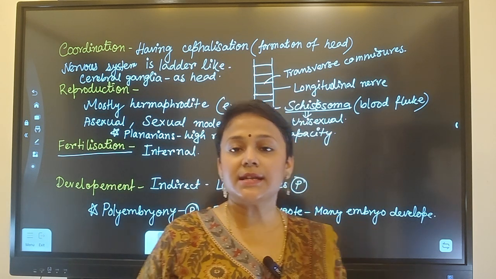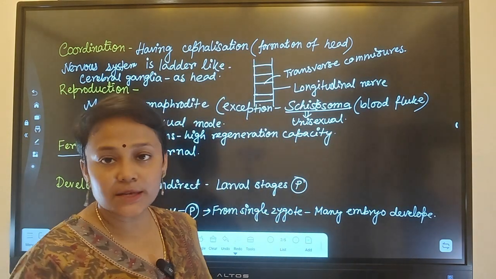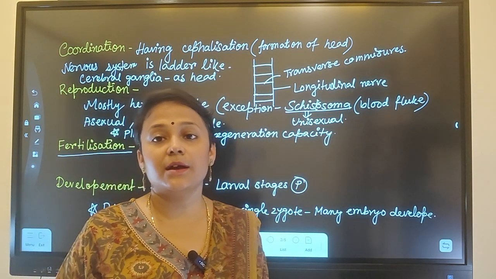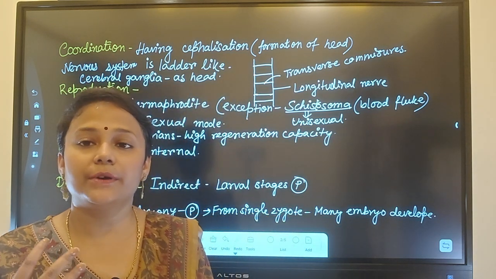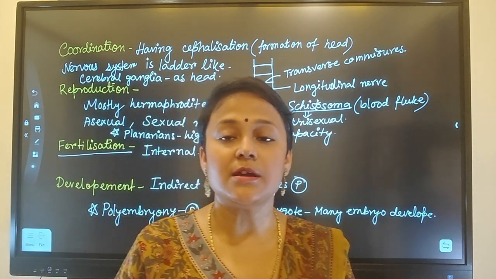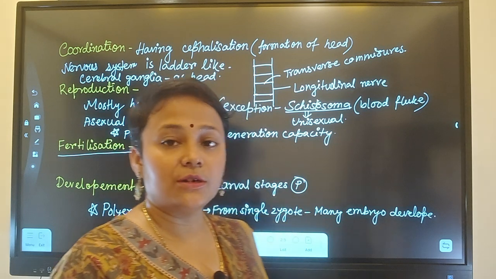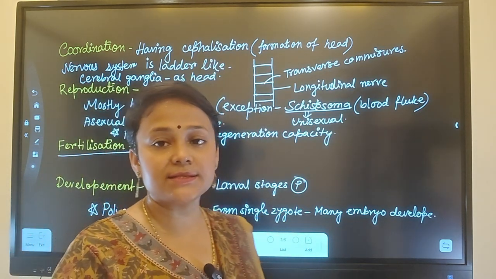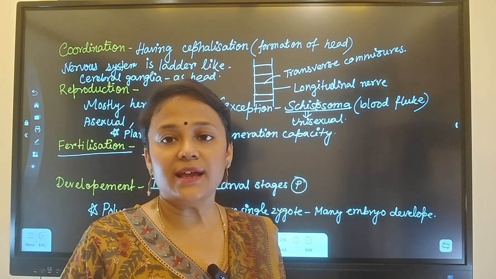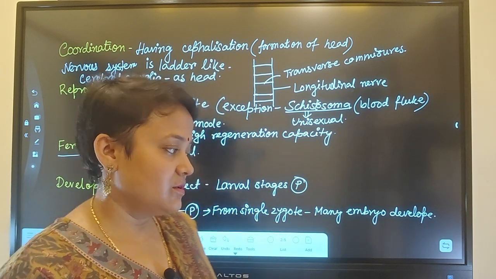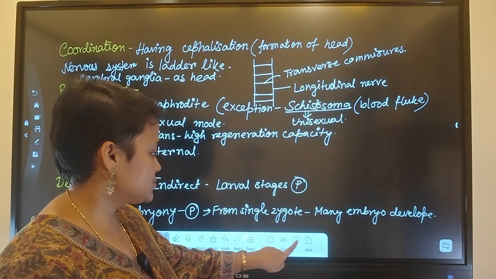So for parasitic adaptation, hooks and suckers are present, and they have high regeneration capacity, high reproductive capacity, and loss of unnecessary organ systems. All of this will help them to stay in the host. So these are all parasitic adaptations.